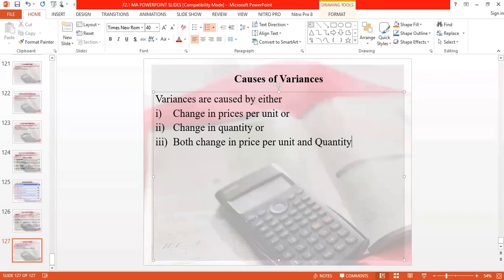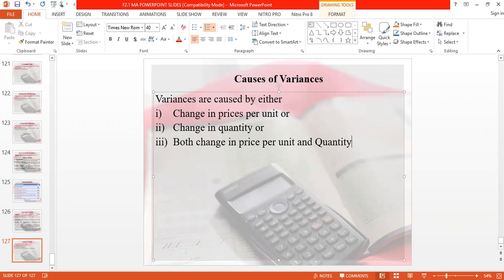Now, when you want to investigate, remember the change in variances: either prices changed, selling price per unit changed, or the number of units being sold changed. Maybe we had planned to sell 10,000 chairs, but we only sold 8,000. Maybe we had planned to sell chairs at 100,000 per chair, but we only sold at 80,000 per chair.